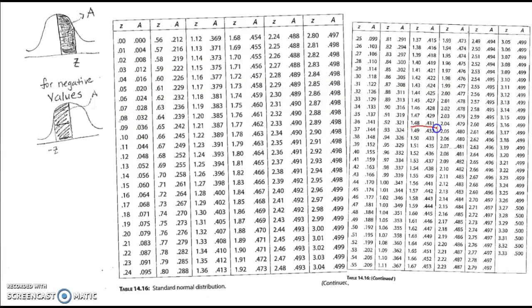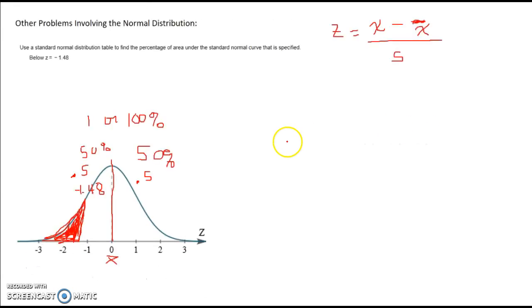Here is 1.48, and it looks like it's 0.431. So when I go back, I know that this area is 0.431. Actually, that's not true, don't listen to that. What is 0.431 is actually this area.